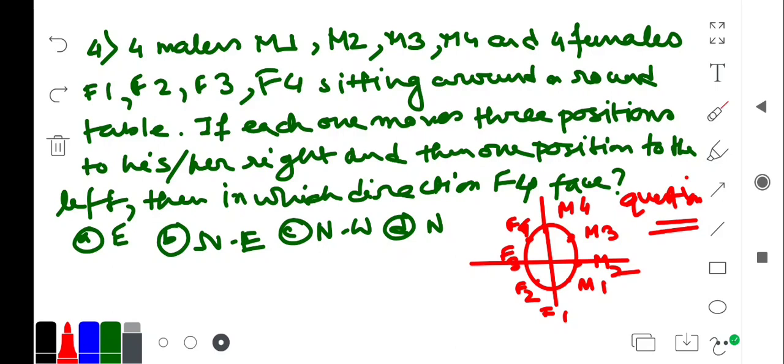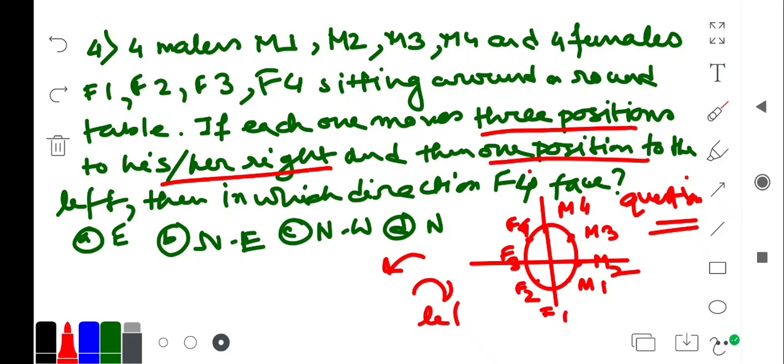Okay, now there is the first hint, that is 3 positions to the right. Right means this direction. Then 1 position left. Left means this position. Now, 3 positions right. One minute.